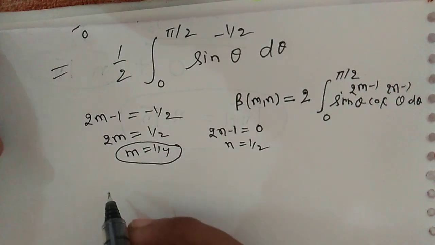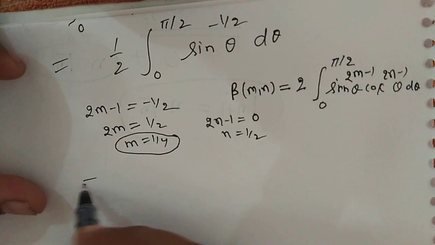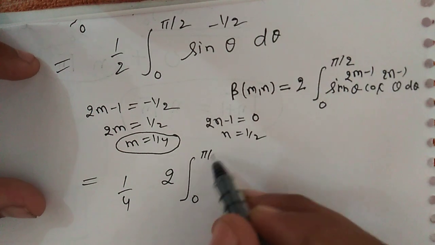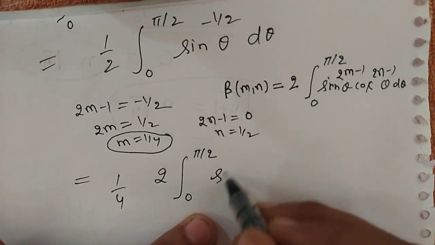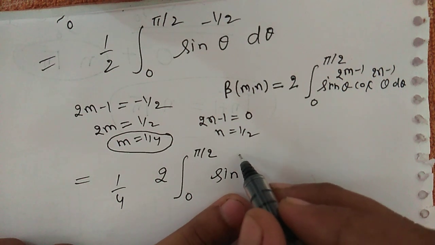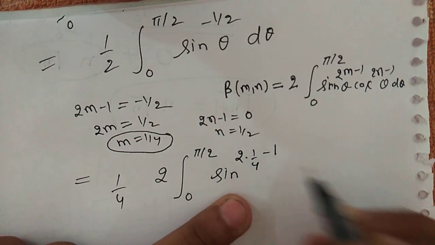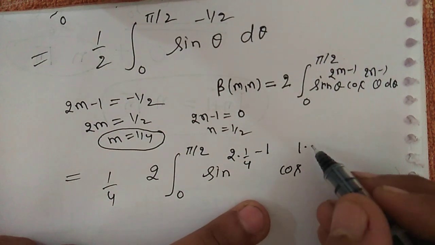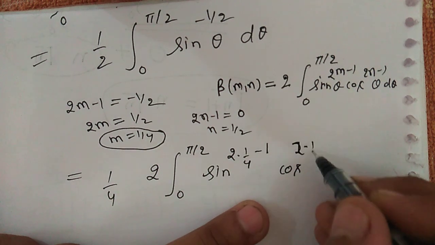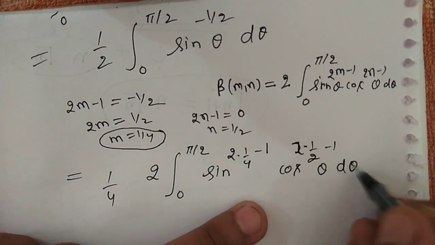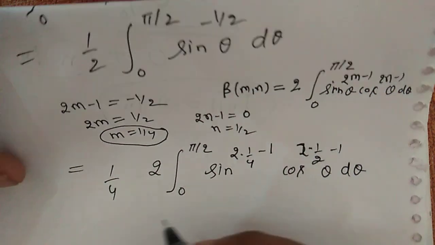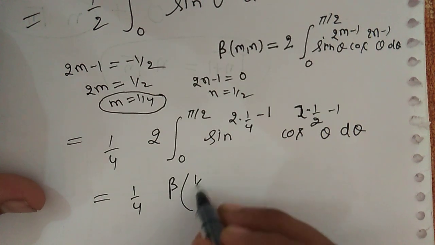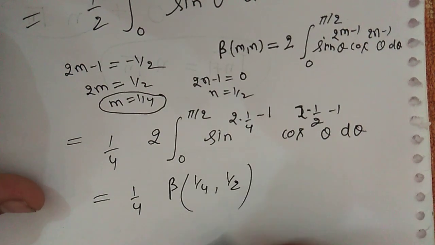And we need 2 here, so we write 1 by 4 times 2 into the integral 0 to pi by 2 of sin to the power 2m minus 1 and cos to the power 2n minus 1 theta. So we can get the answer 1 by 4 beta (1 by 4, 1 by 2).